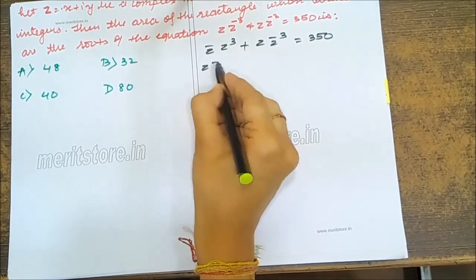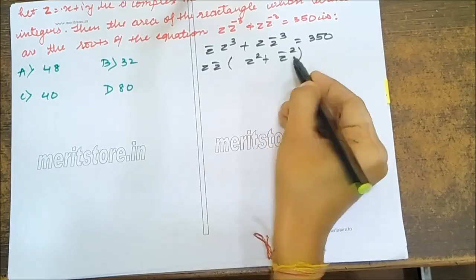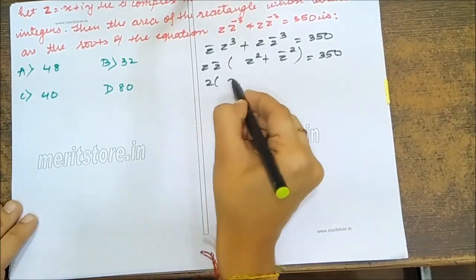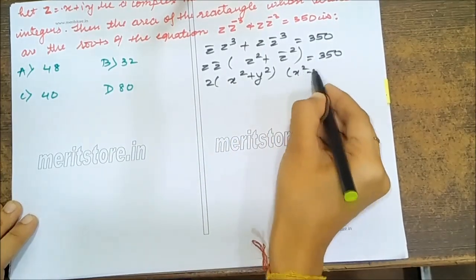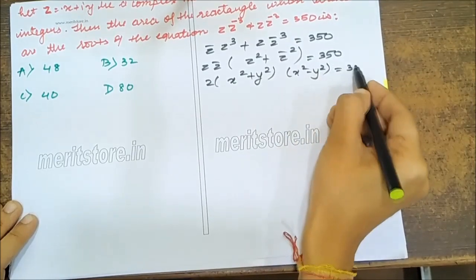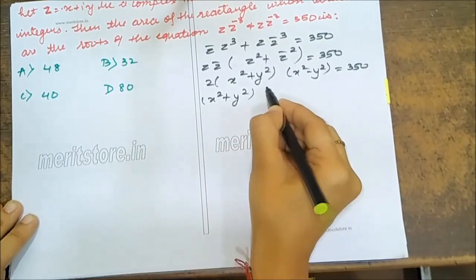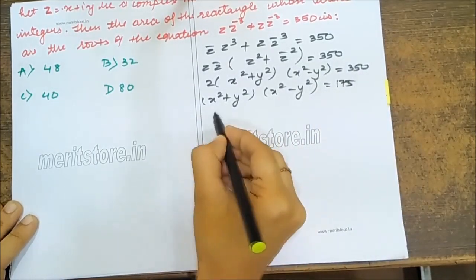Z modulus of z square plus z bar square be equal to 350. 2 of x square plus y square, x square minus y square is equal to 350.